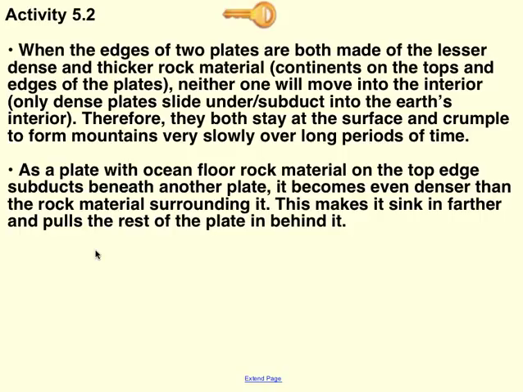They tend to crumple up. It's not until you get the more dense material, such as the basaltic rock of the oceanic crust, that you're going to have one subducting underneath the other. So they both stay at the surface and crumple if they're both your less dense, thicker granitic type rock.